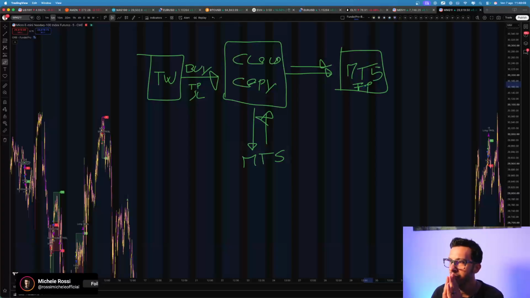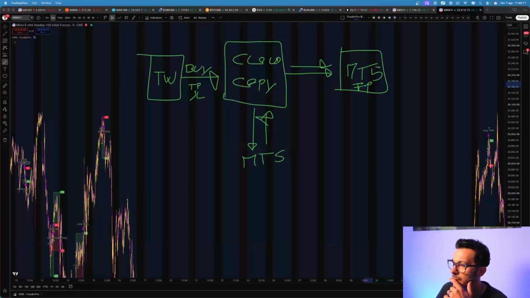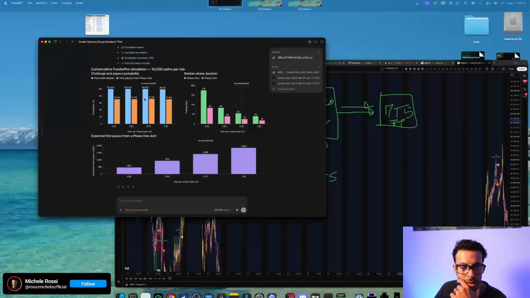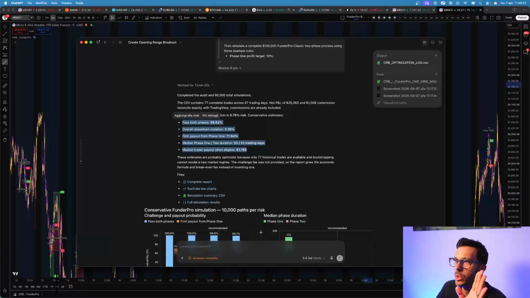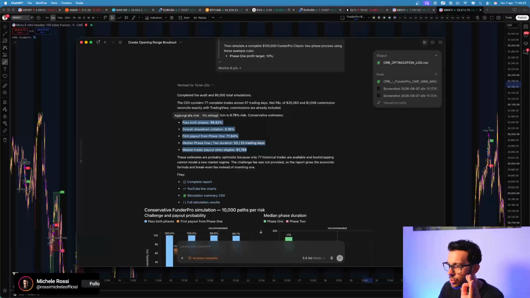Let me just clarify one important thing about this area right here. If Codex estimates a 50, 60, 70% probability of passing, that is not a promise. The estimate is based on the historical trades we supply.